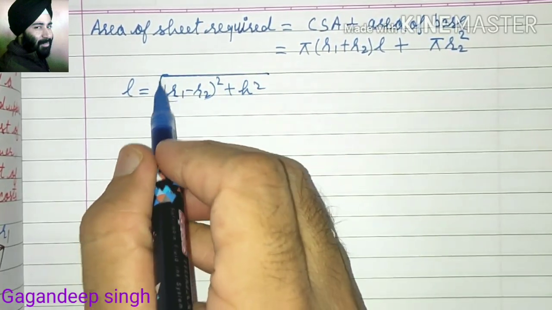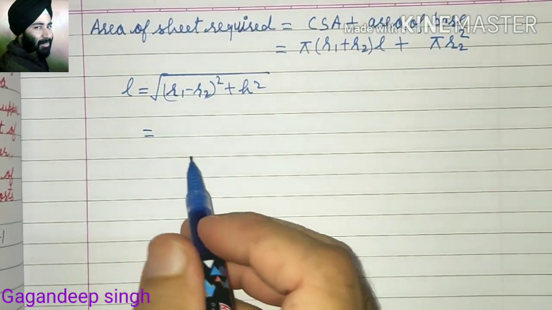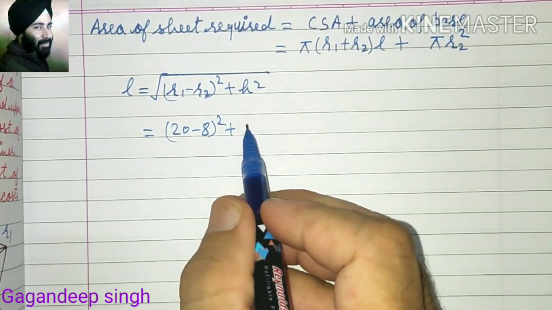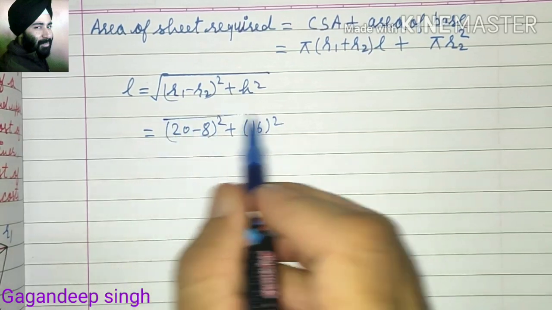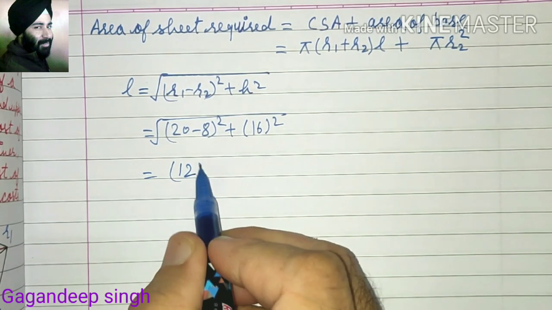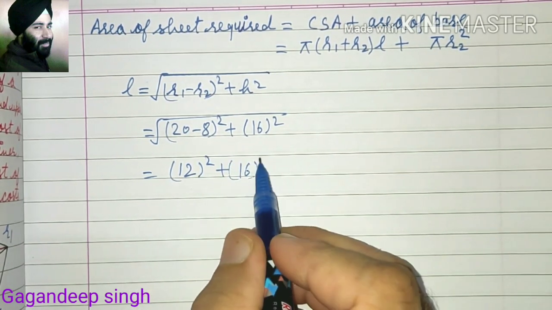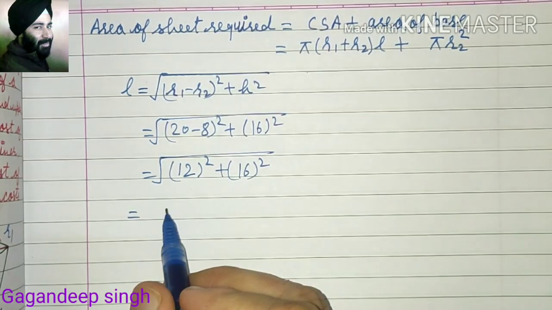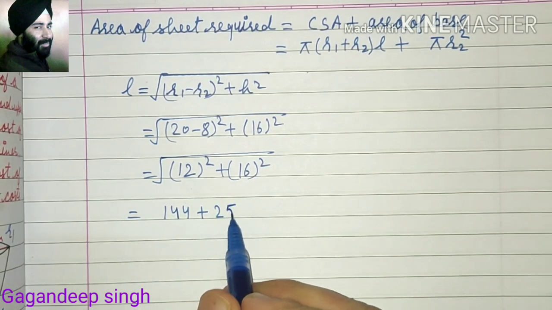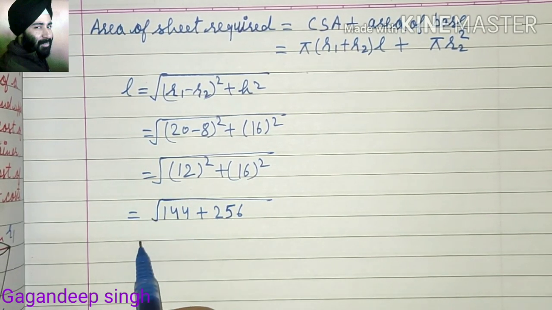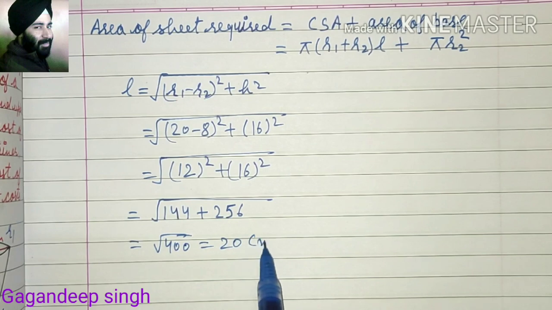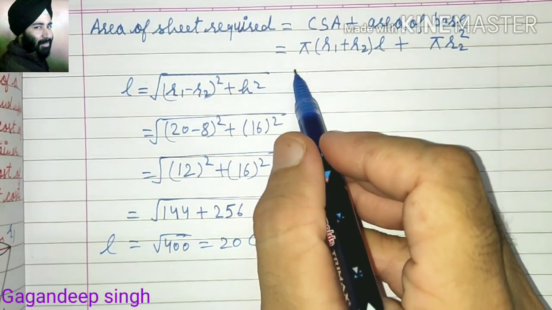So keep values. 20 minus 8 square plus h is 16 square under the square root. 20 minus 8 is 12 square plus 16 square. Square of 12 is 144 and square of 16 is 256 under the square root, and it is under root 400, which is 20 centimeter. So value of slant height is 20 centimeter.